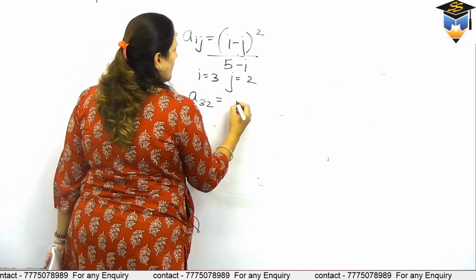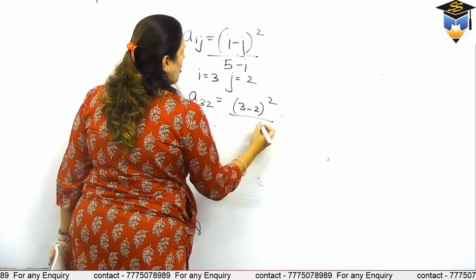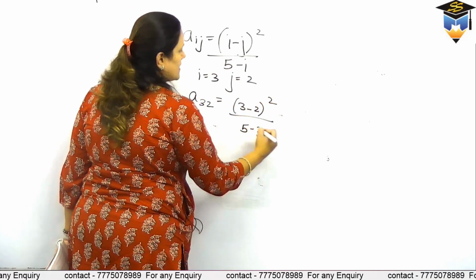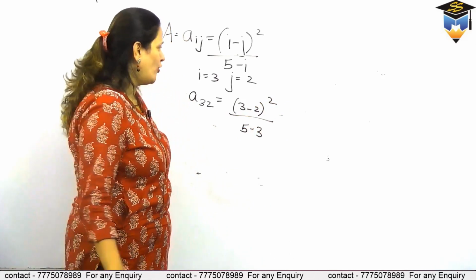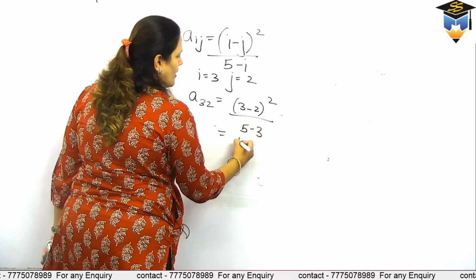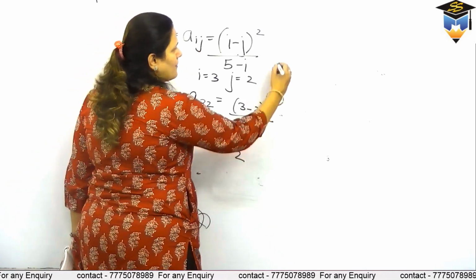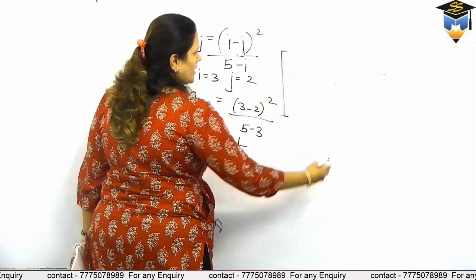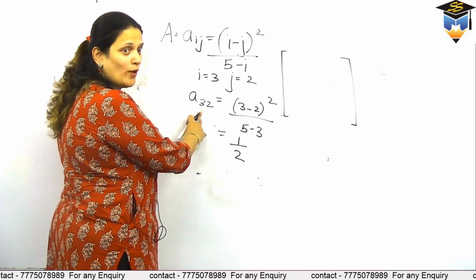So 3 minus 2 square upon 5 minus 3. Yes? Okay, so what is the answer? 1 square is 1 upon 2. So I am going to construct this particular matrix in which the A32 element is there.